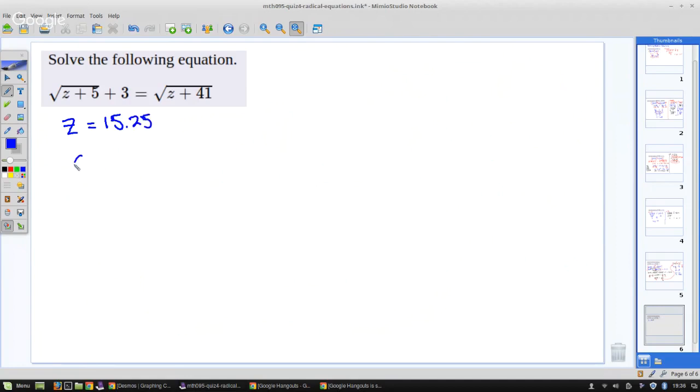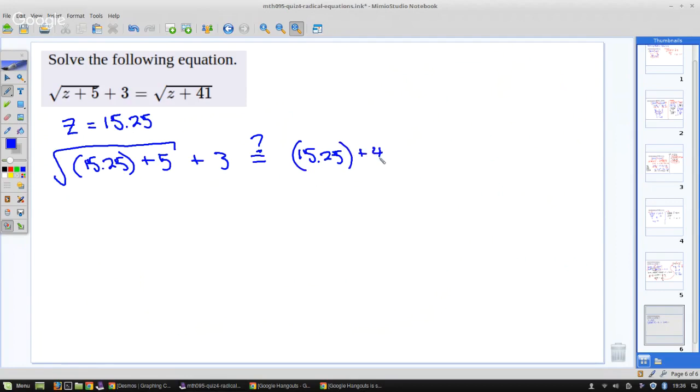Whenever we plug in, we put it in parentheses. So 15.25 plus 5, that is inside the root, then plus 3. We think that might be equal to 15.25 plus 1 inside the root. Okay, what do we got?